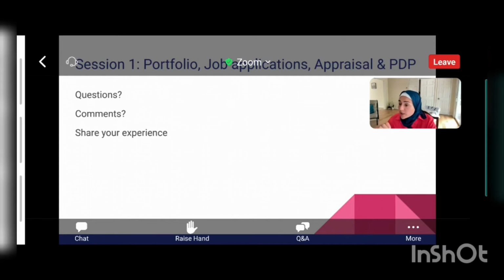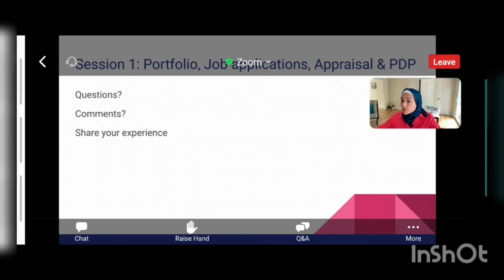So we talked about the portfolio, the structure of a CV, and then job applications, with some tips on interviews, filling in the application form, and common questions that come up. We then talked about how, once you're in that training job, you get the most out of your time, including what an appraisal is and what a personal development plan is.